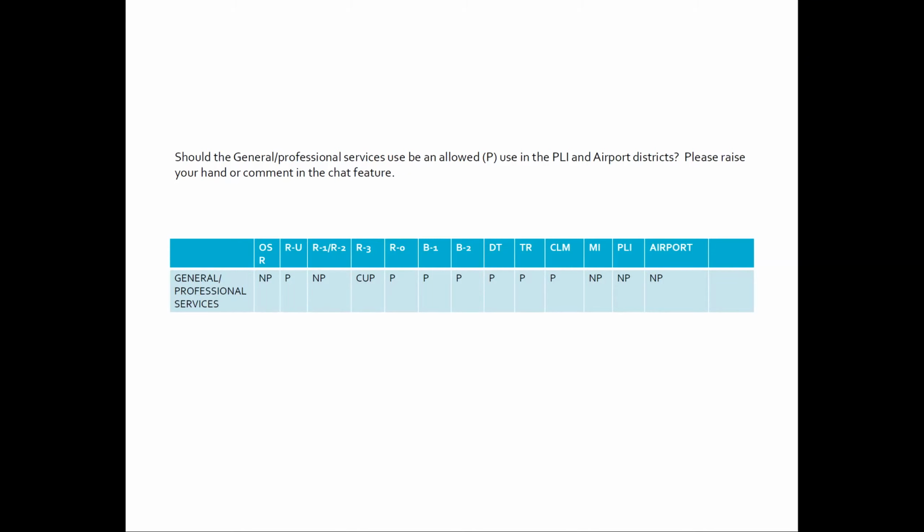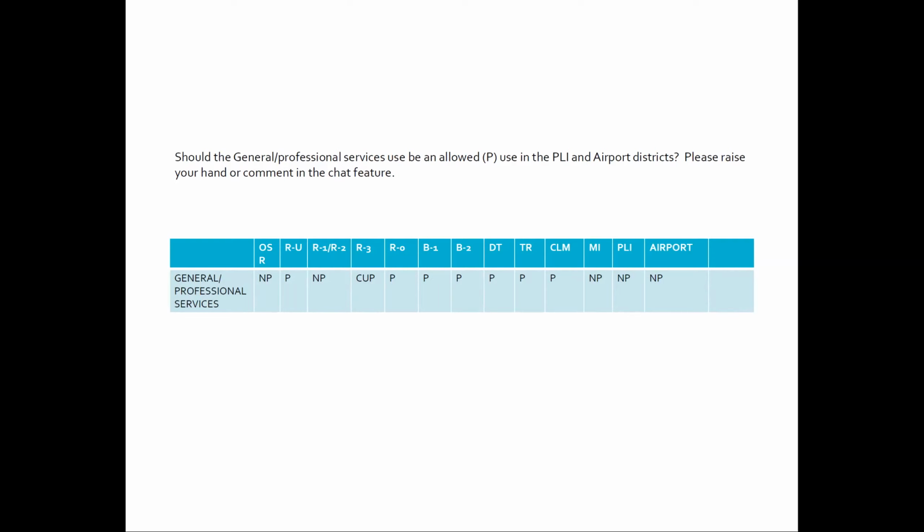I'm going to unmute my mic because it's just easier for me to do that than to type with my shoulder. But to answer Rebecca's question, examples of general professional uses, particularly if we combine them with administrative uses, might be state offices that aren't on state-owned property, but are also in a PLI.